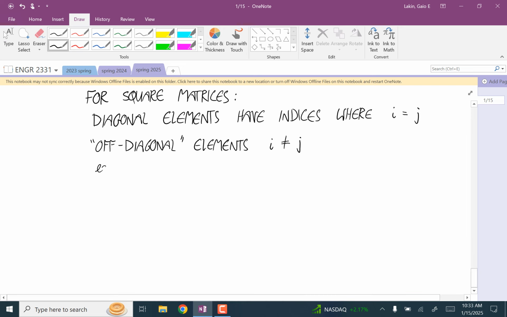Okay, so for example, if we have a matrix 2, 6, -1, 0, these are the diagonal elements. And these are the off diagonal.